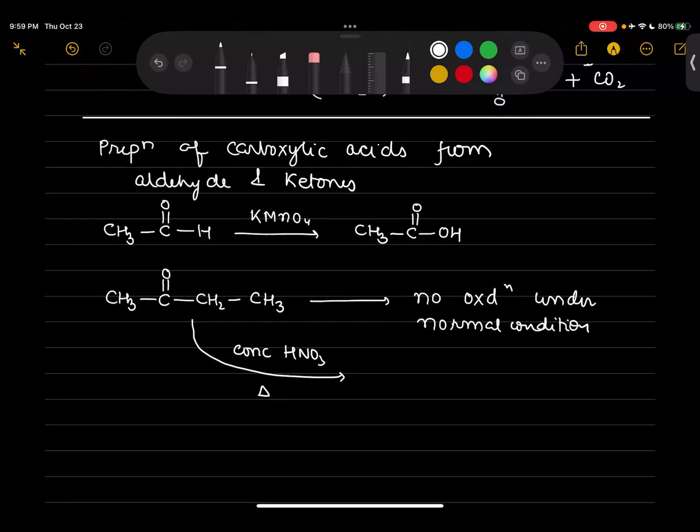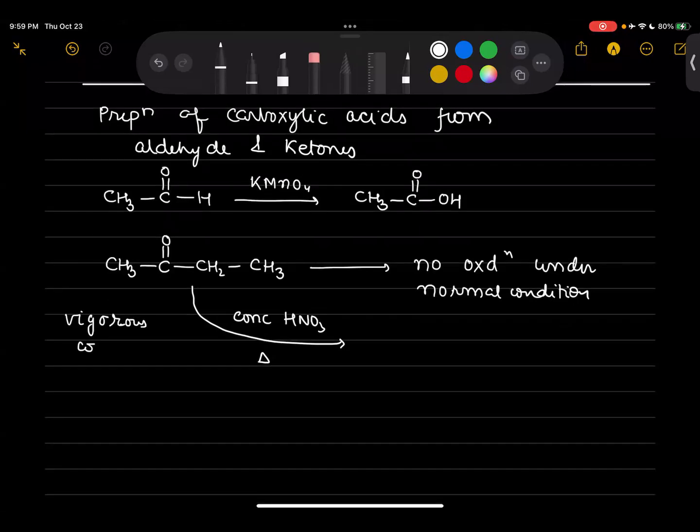They can undergo oxidation under vigorous conditions, with strong oxidizing agents. Got it?